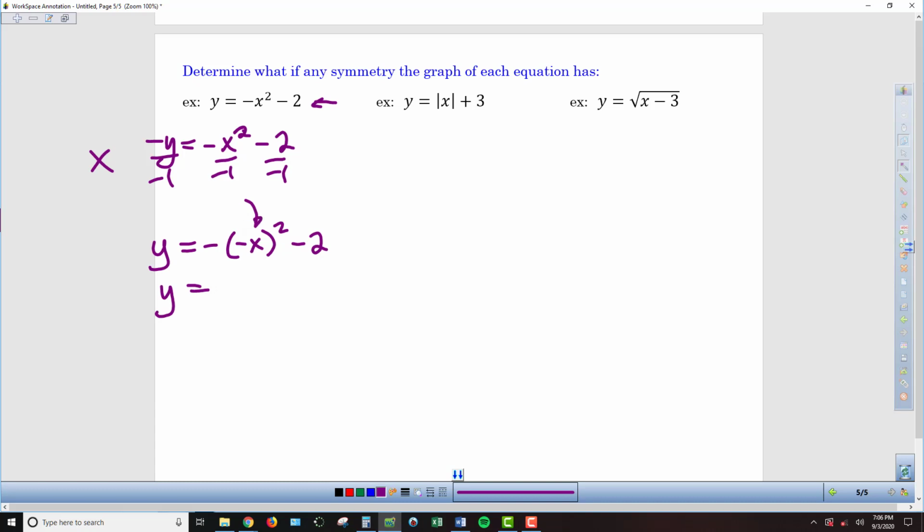It's going to be negative x times negative x. It's going to give me positive x squared. But then I still have this negative out in front, so I'm still going to end up with negative x squared here. And I still have this minus 2. And so indeed, we can see that we've got the exact same equation as what we started with. And so this confirms for us that we have y-axis symmetry.